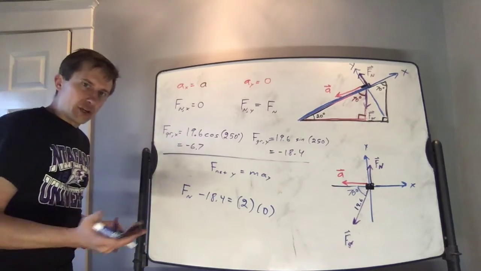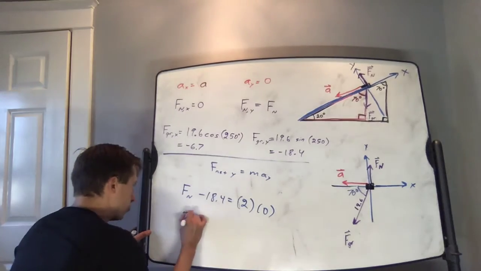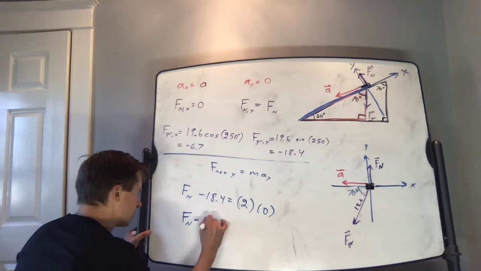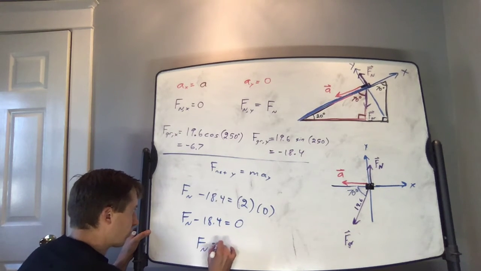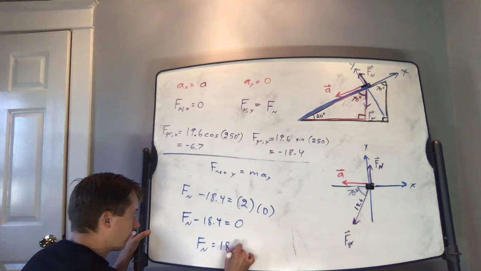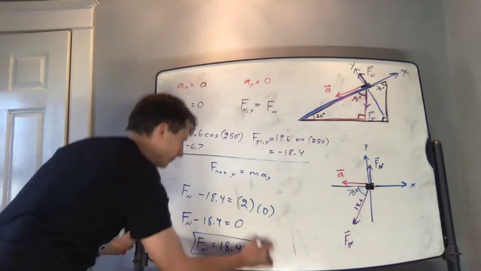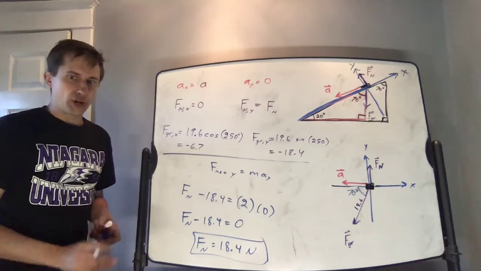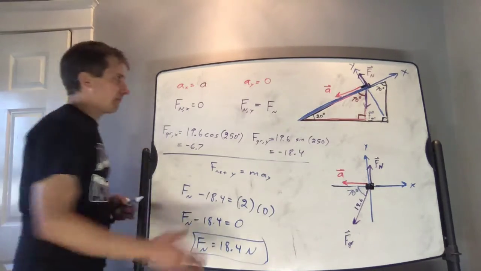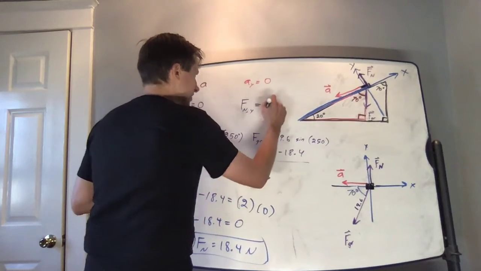So from this equation, the normal force minus 18.4 is equal to 0, and I find the normal force on the crate is equal to 18.4 newtons. Well, we were not asked to find the normal force on the crate, but we found it, so hooray for us. This number is 18.4.